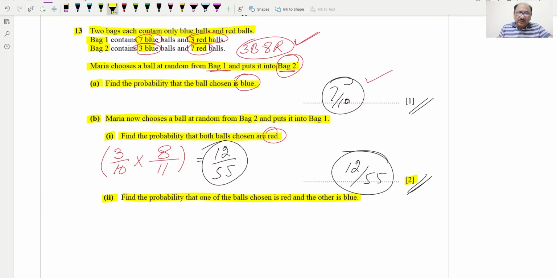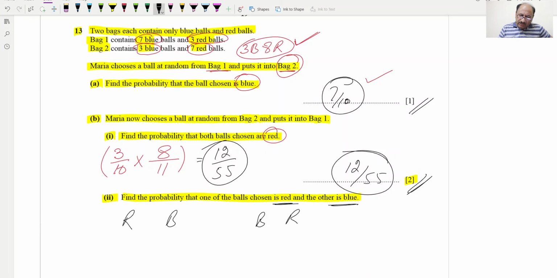Now for the second part, find the probability that one of the balls chosen is red and the other is blue. So we need to find the probability that one of the balls chosen is red and the other one is blue. This will be red, blue, the first option, and the second option we can write as blue, red.